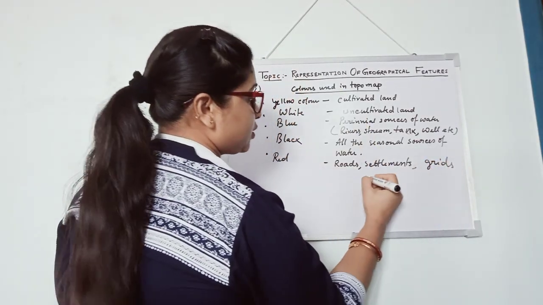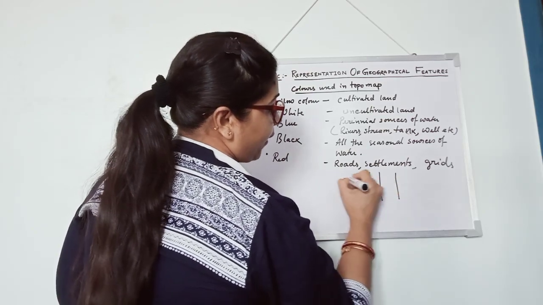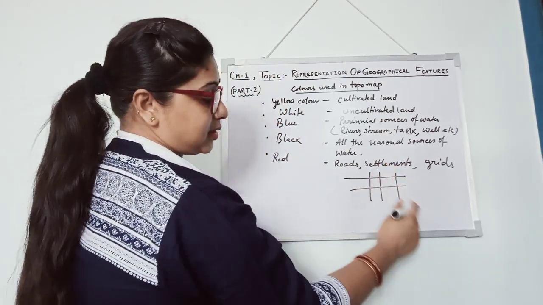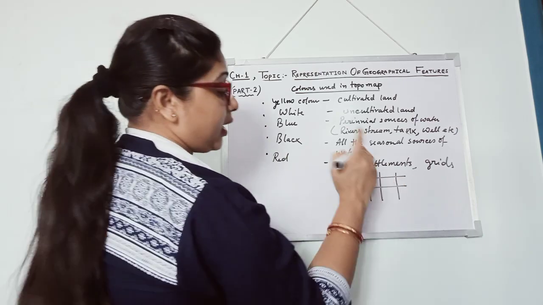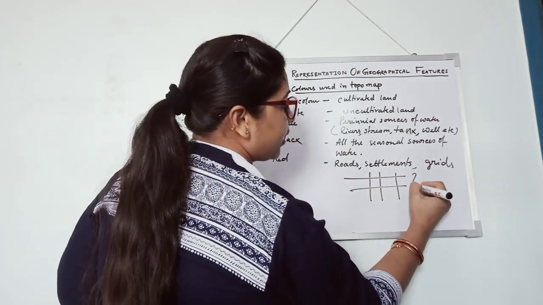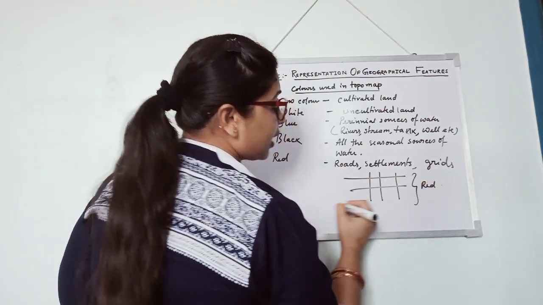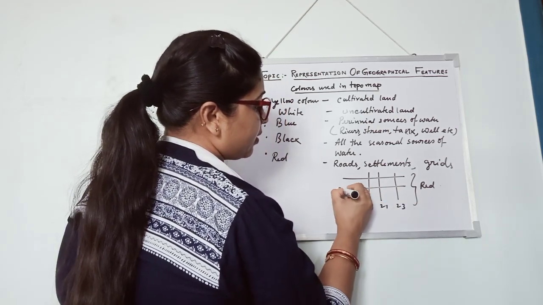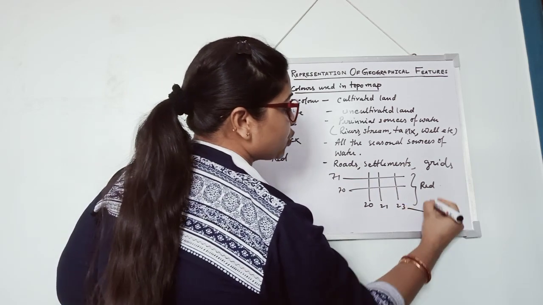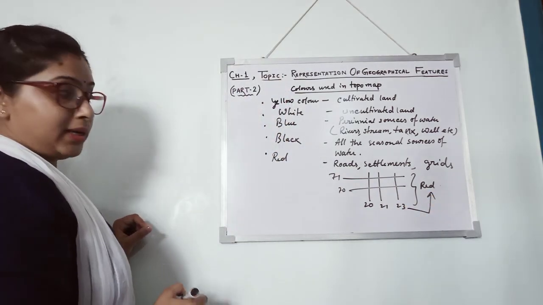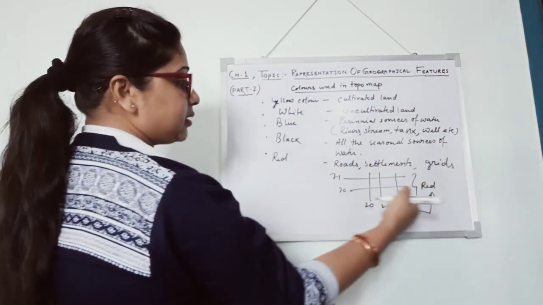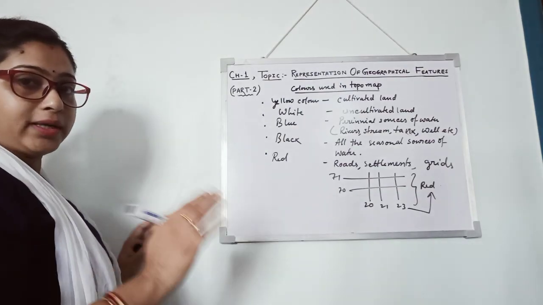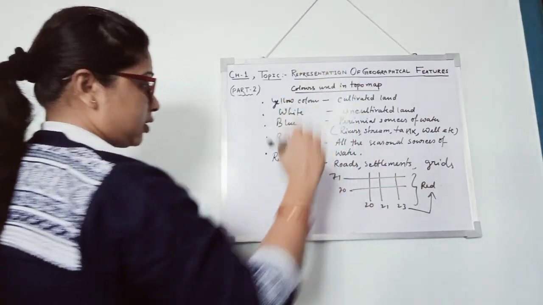Hope you have understood, last day I showed the vertical lines, the eastings and the northings. They will always be shown in red color, and the numbers, whatever numbers are there, will also be shown in red color. Is it clear? So roads, settlements, grids, eastings and northings will always be shown in red color.